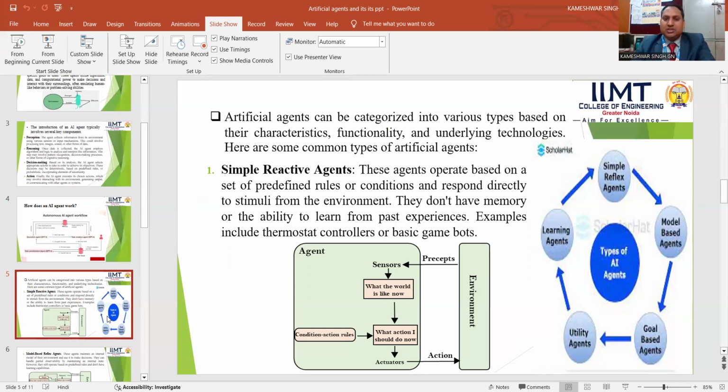Now we are going to discuss in simple ways how the simple reflex agent works. The simple reflex agent works on if-then conditions. It means there are certain types of conditions which are then solved by the agent. These kinds of functions are performed by the simple reflex agent, and it is fully observable. What is fully observable?